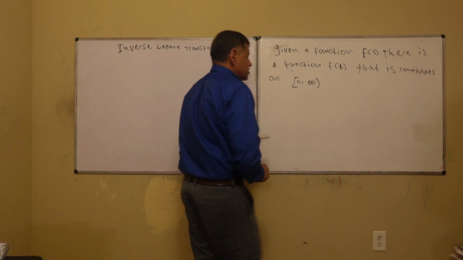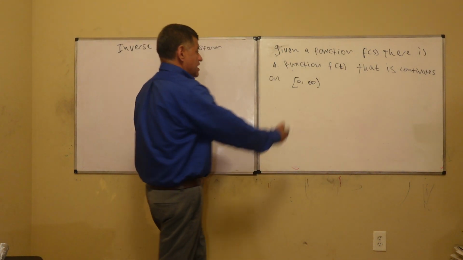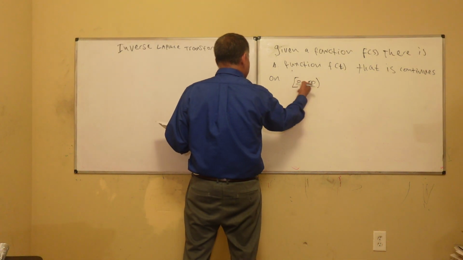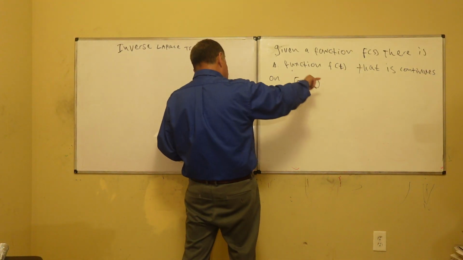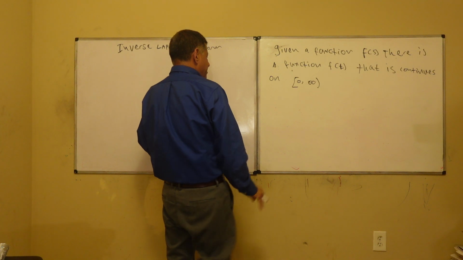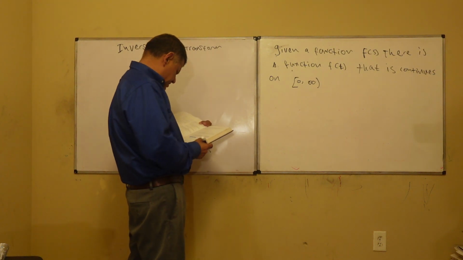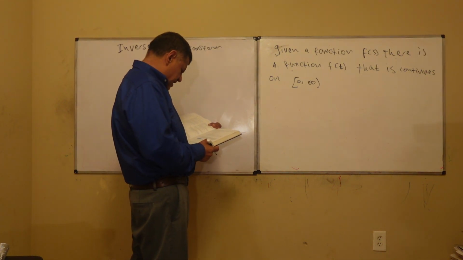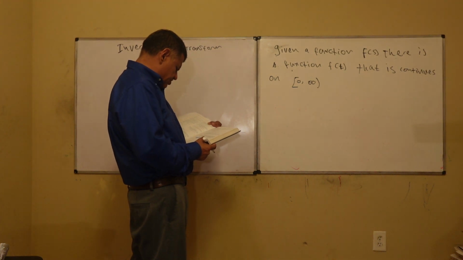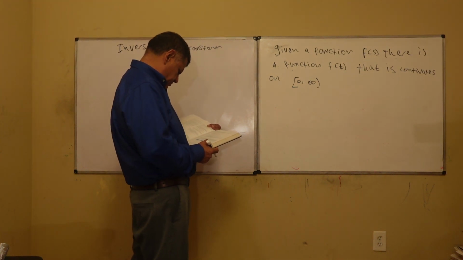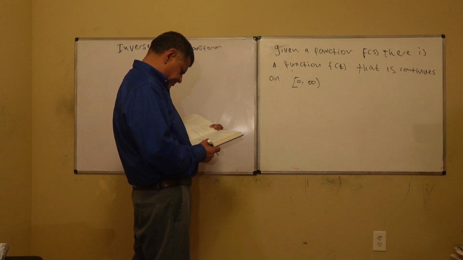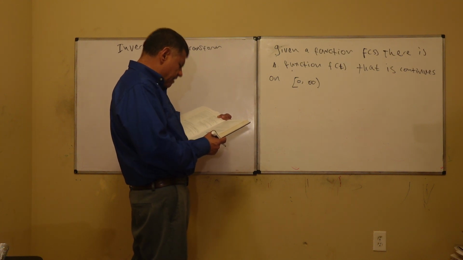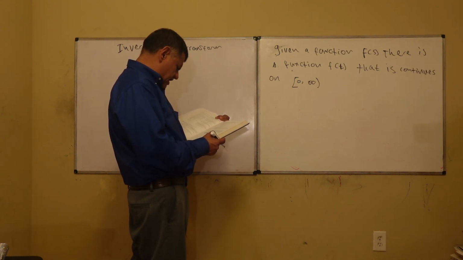So basically, you cannot go past zero on this side, but you can go to infinity on that side. But it has to have some parameters on it. It cannot just be any number. I will touch on that a little bit, but not too much.